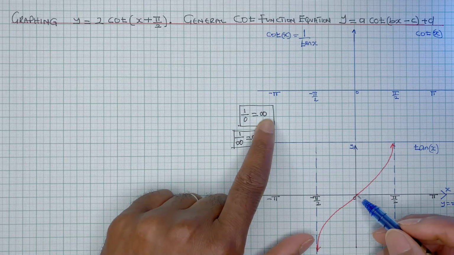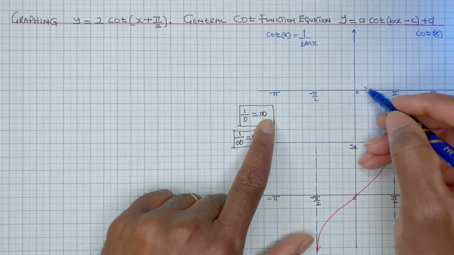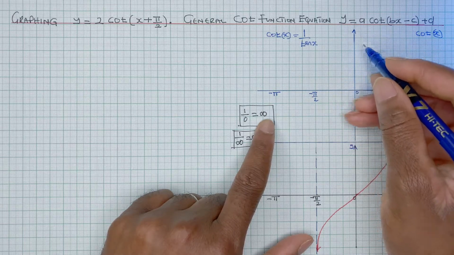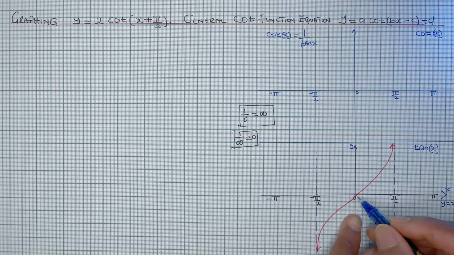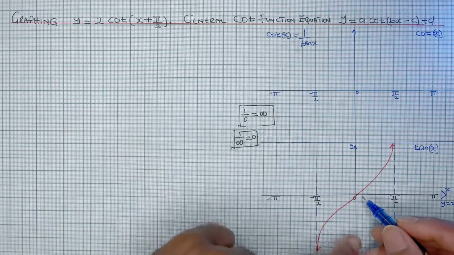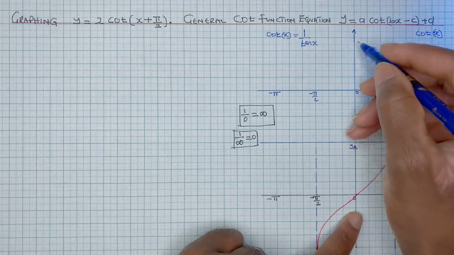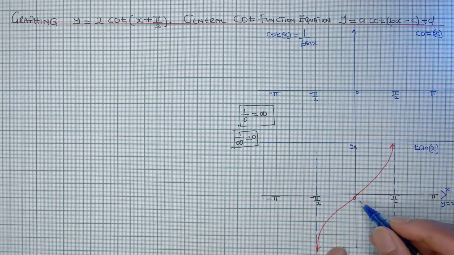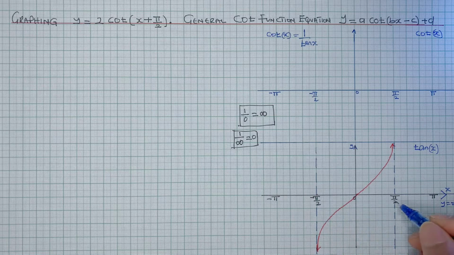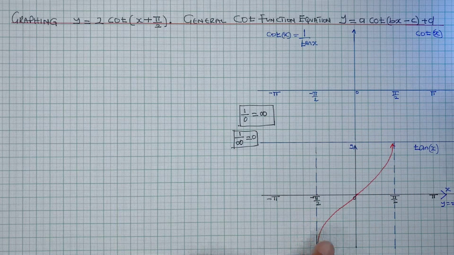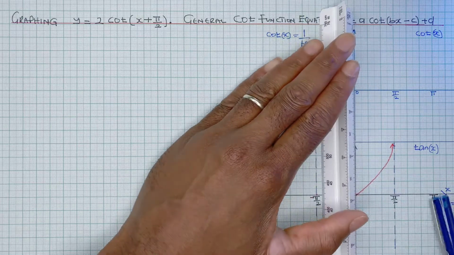That means the graph will be approaching infinity there but never touches x equals 0, because this is a reciprocal of that. So the line of asymptote is now not pi over 2 here, but rather 0. So now we can draw the line of asymptote here.